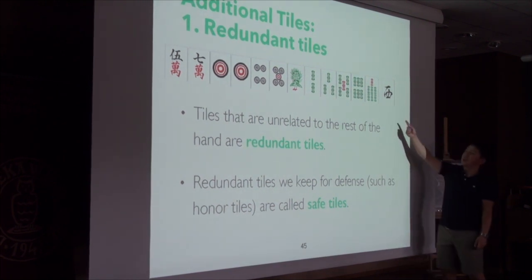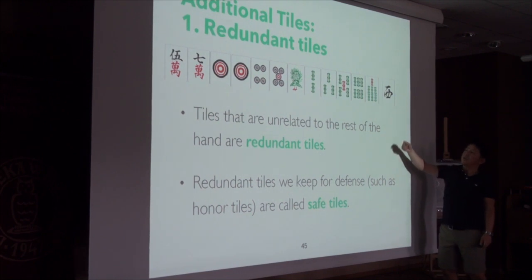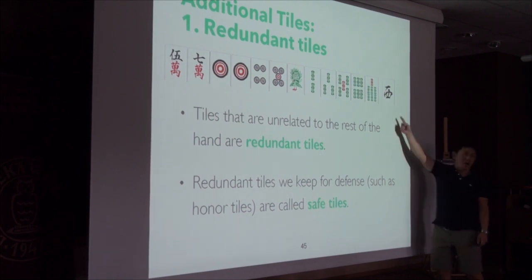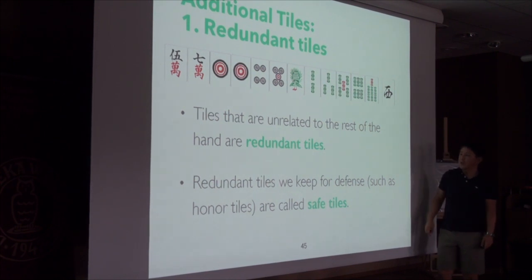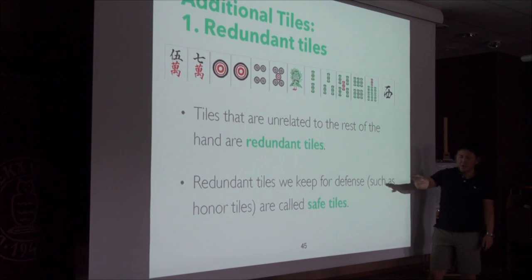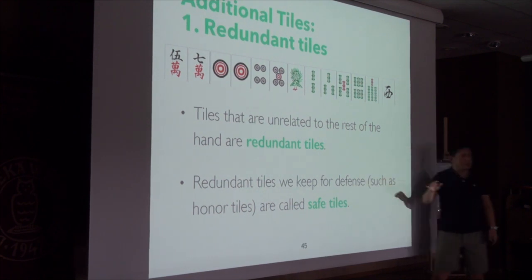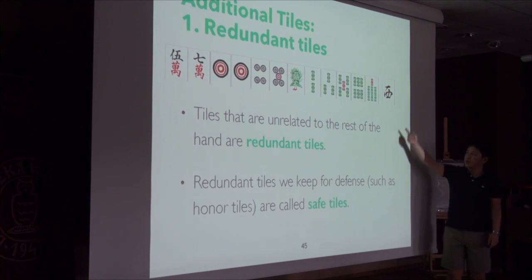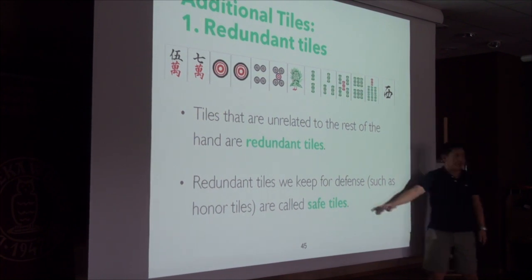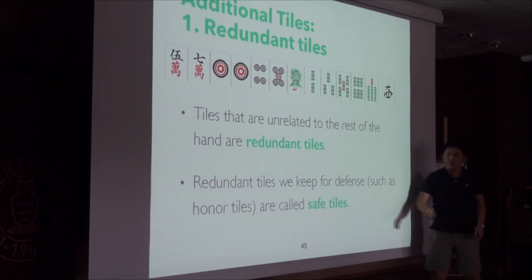Or 9-pin, 9-circle, or 1 character would be a redundant tile, right? Those redundant tiles that we keep for the purpose of defense, such as west, are called safe tiles, right?